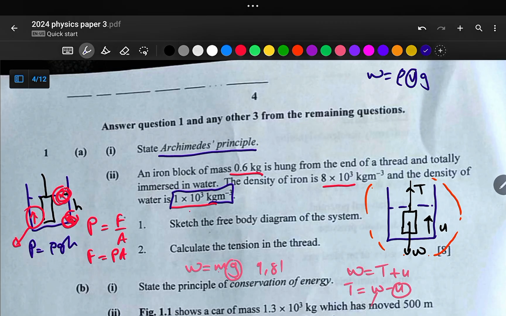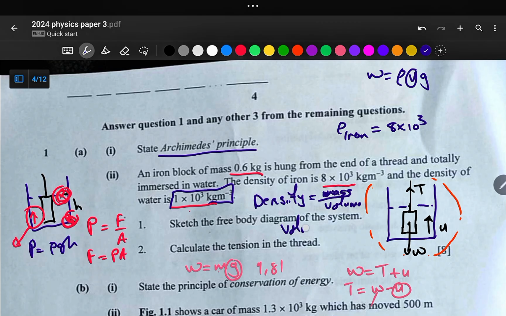Okay, so given that the density of the iron block is equal to 8 times 10 to the power 3, for us to calculate the volume, given that we have this equation, density is equal to mass over volume. So for us to calculate the volume of the iron block, we can simply make volume the subject.